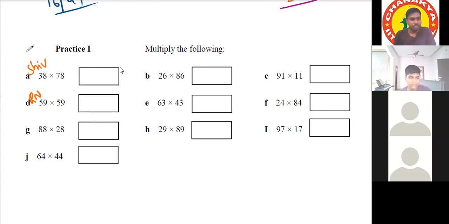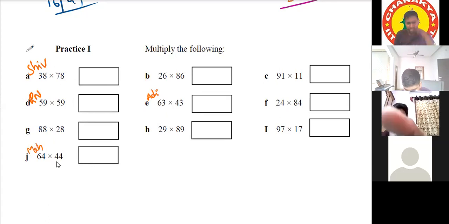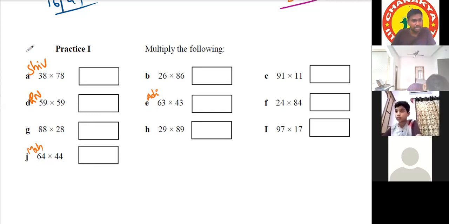Okay, no issue. Sir, first we should do multiplication, no, sir? Dhanushree B. Sir, E Aditi. J Mahavir. Wait, Shivpranav, one second, I'll write the names first. Sir, H Toshnika. Okay. Sir, G Yatharth.